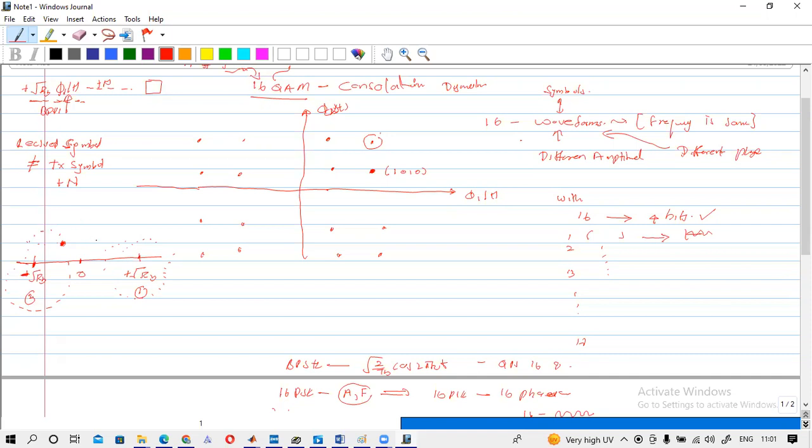For that purpose you need the decision region. Actually there is a mathematical way to define the maximum optimal decision region. It is very complex. It is also based on probability theory.